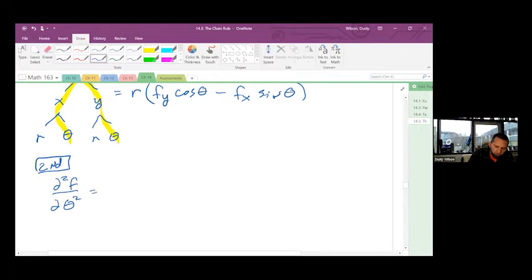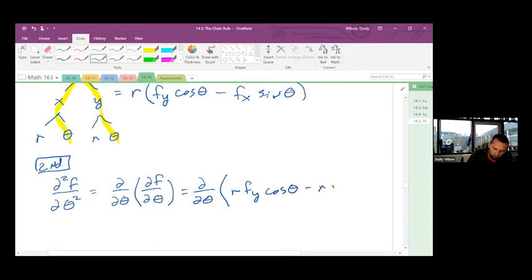But the first step is to recognize this is simply the partial with respect to theta of the partial of f with respect to theta, or the partial with respect to theta of the thing we found above, which is r fy cosine theta minus r fx sine theta. Here I've distributed the r throughout. And this itself isn't too bad.